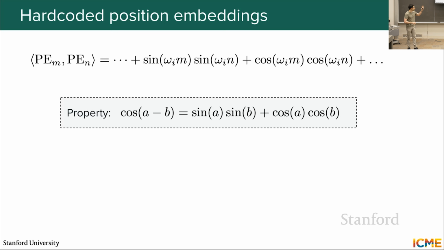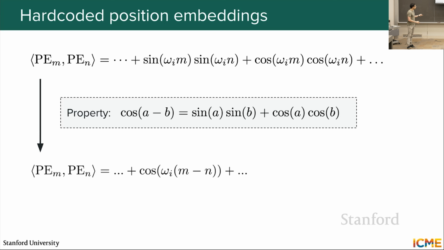And you can rewrite it as a cosine of A minus B, such that when you compute this dot product, this is nothing else than the sum of about dimension of embeddings over two terms of this cosine of difference of terms. So it's quite interpretable.